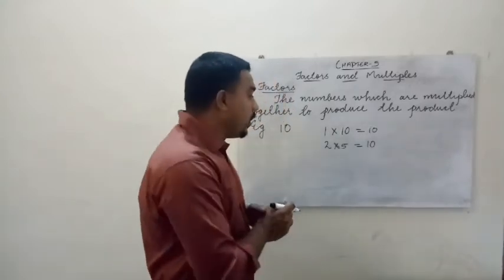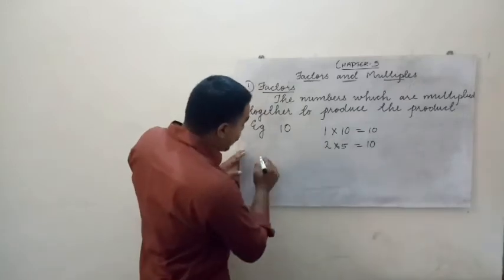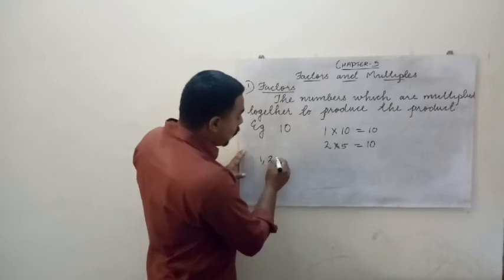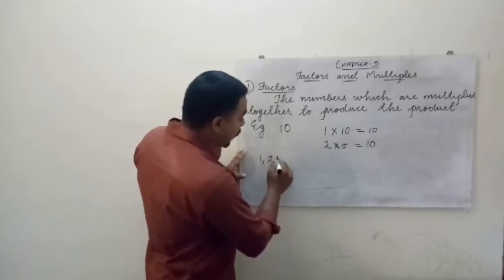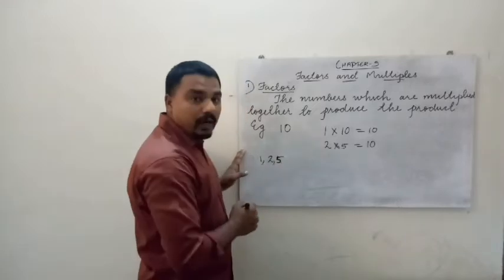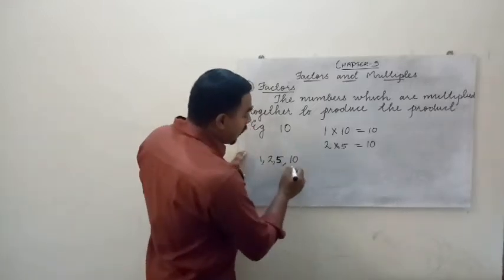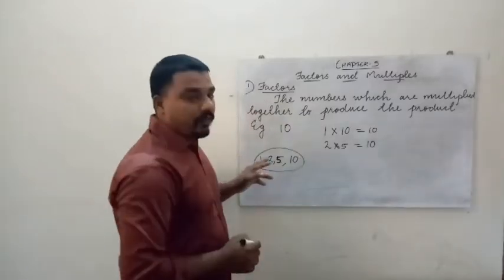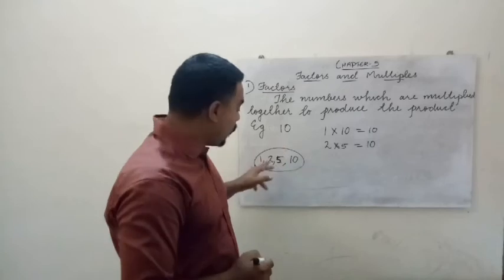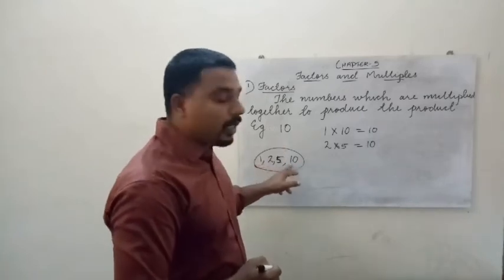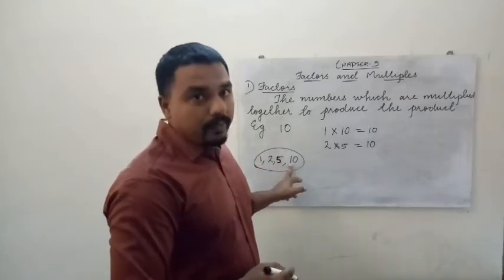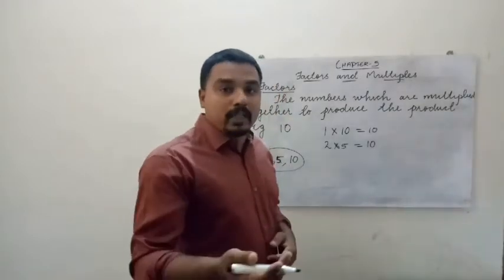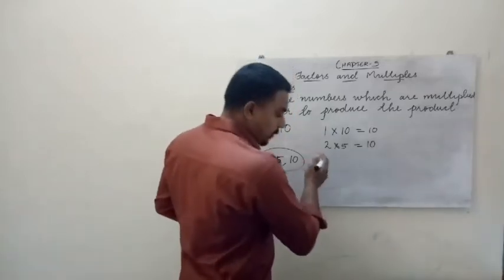So these are the factors of 10: 1, 2, 5 and 10. Clear? Okay, next we will see some properties of factors.